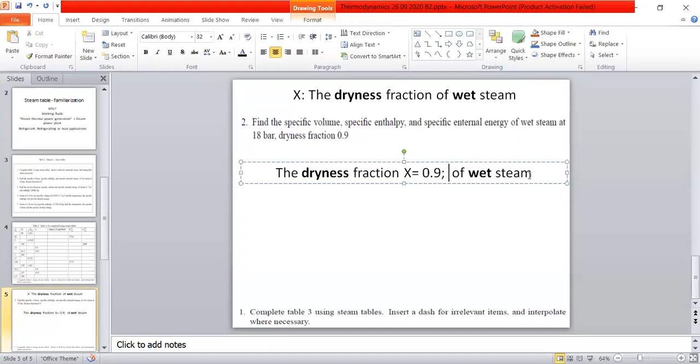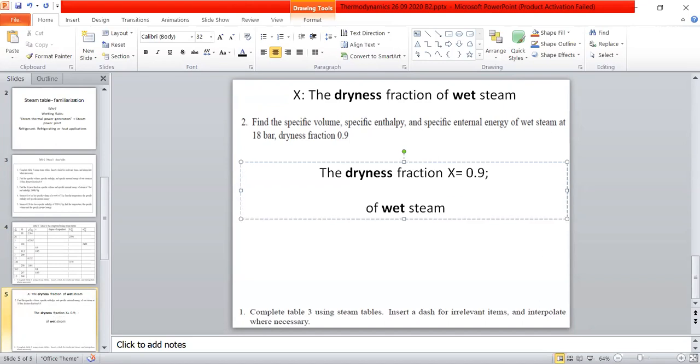Out of 1, 0.9 is dry, so the balance 0.1 is wet. 1 minus 0.9 equals 0.1 is wet.